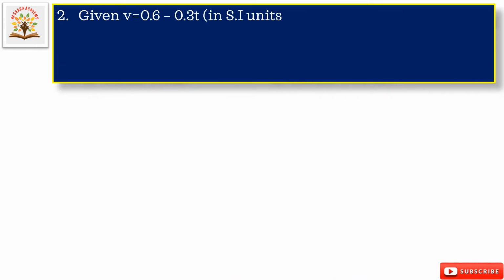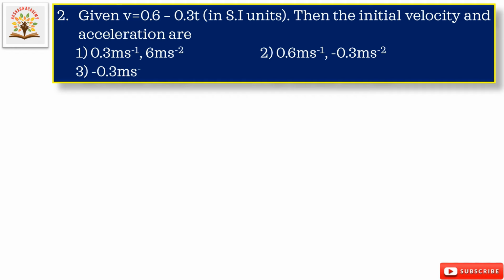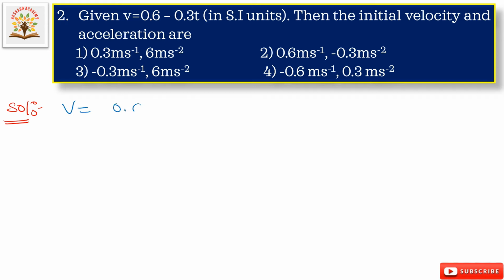Given v is equals to 0.6 minus 0.3t, then the initial velocity and acceleration are. Here we have to calculate initial velocity and acceleration. Now let us go to the solution. Initial velocity nothing but u, acceleration nothing but a. So the given equation is v is equals to 0.6 minus 0.3 into t.